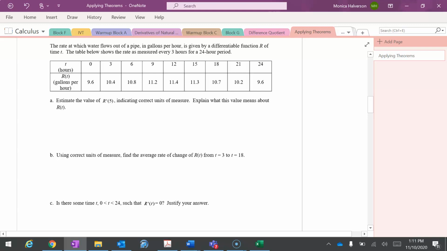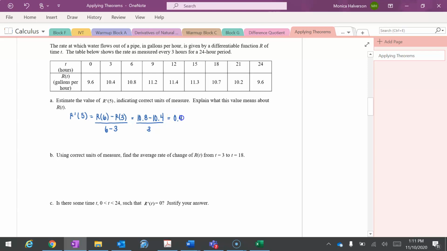All right, well, we know that here, because they're giving us a table, we're going to have to use the average rate of change. So the first derivative of 5 is going to equal r of 6 minus r of 3, all over 6 minus 3. And we get 10.8 minus 10.4 all over 3.